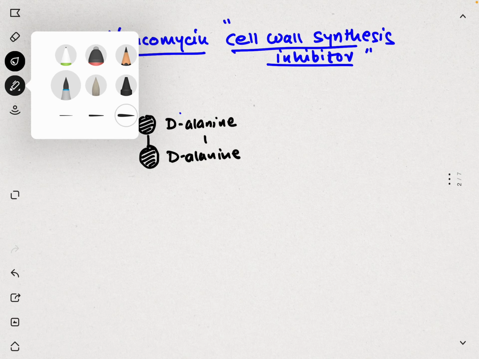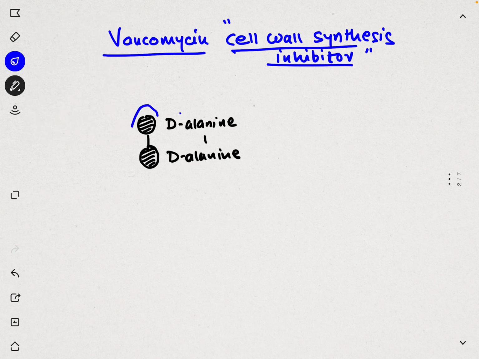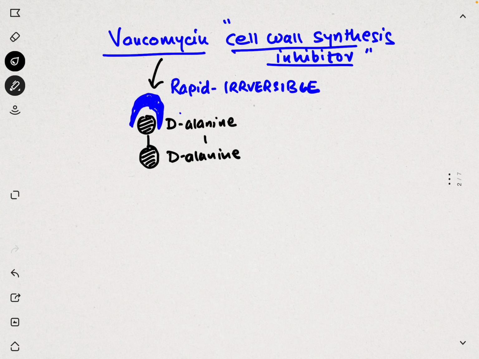So our drug vancomycin goes and binds to this D-alanine, and this binding is very rapid and it is irreversible. So the vancomycin goes and binds to D-alanine. And where is this D-alanine? It is there in peptidoglycan.